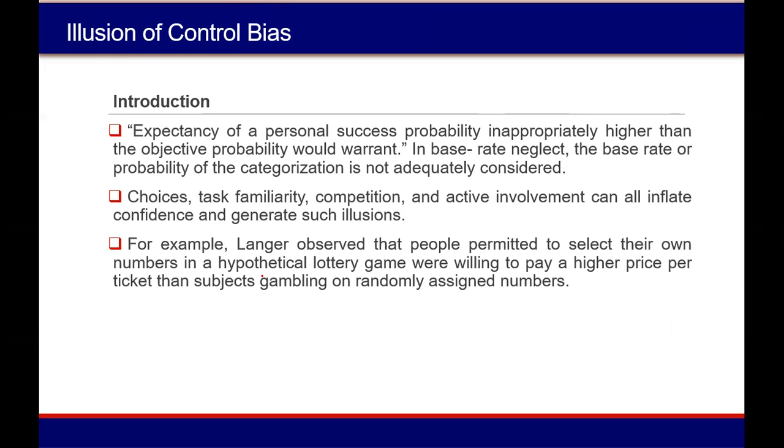Okay, next one is illusion of control. From the term, you may have an idea that people tend to believe that they have control on some uncertain thing, some probabilistic event, though their control on that probabilistic event is very unlikely. However, people feel that they have a lot of control.